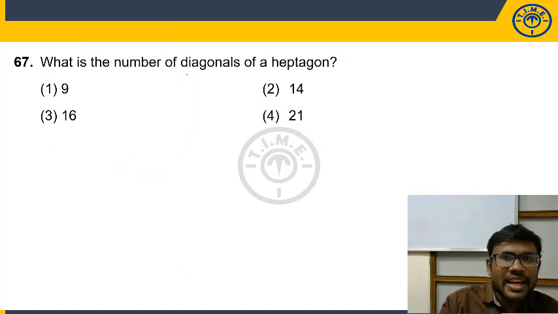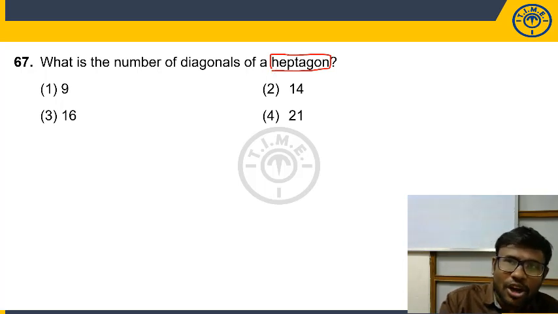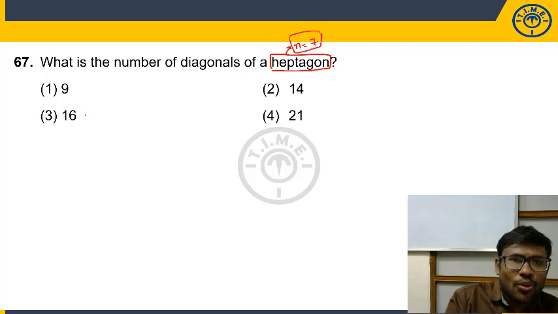What is the number of diagonals of a heptagon? This is the easiest question in the complete 25 question set. Heptagon, how many sides? 7 sides. What is the formula for the number of diagonals of a polygon?